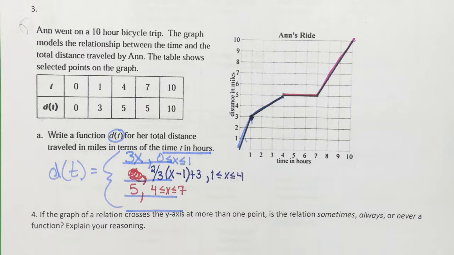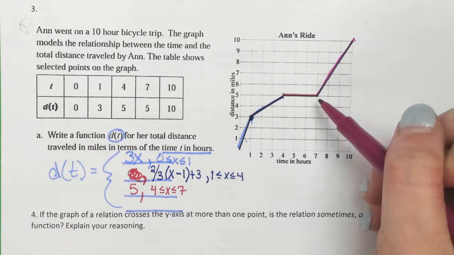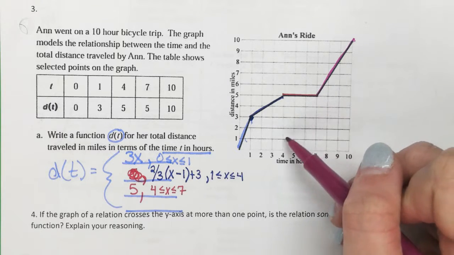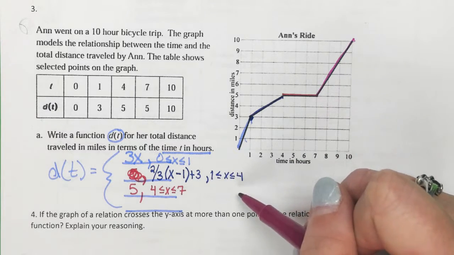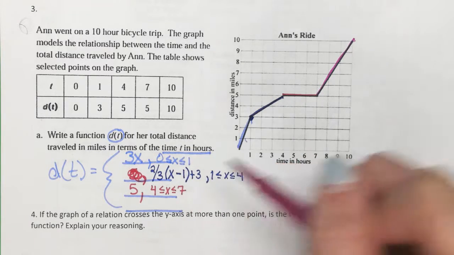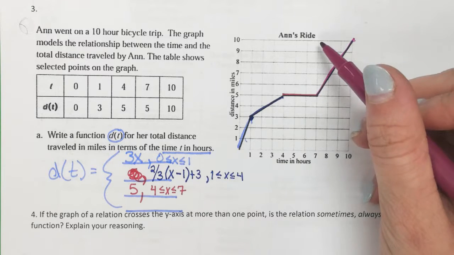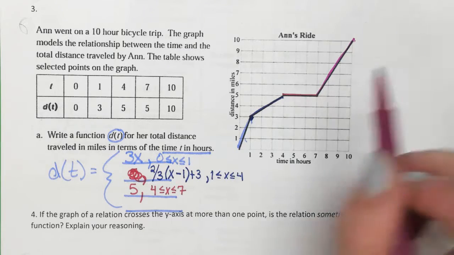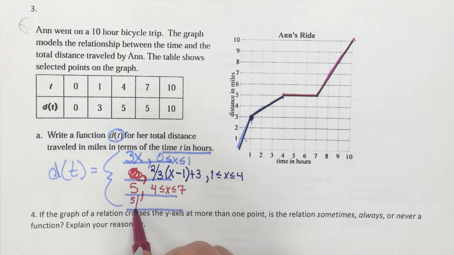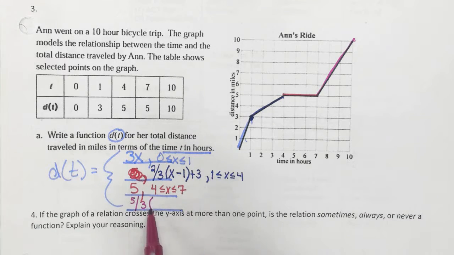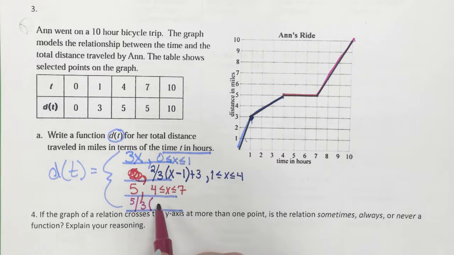I got one more section up there, that last section. All right, can we see where this is going to hit the y-axis? No, we can kind of guesstimate that it's going to be way down here, maybe like -4 or -5, but we don't know exactly. So we're going to write it with the parentheses. So find the slope. 5 over 3 looks right. All right, we're going to use a parentheses because we don't know where it hits the y-axis.